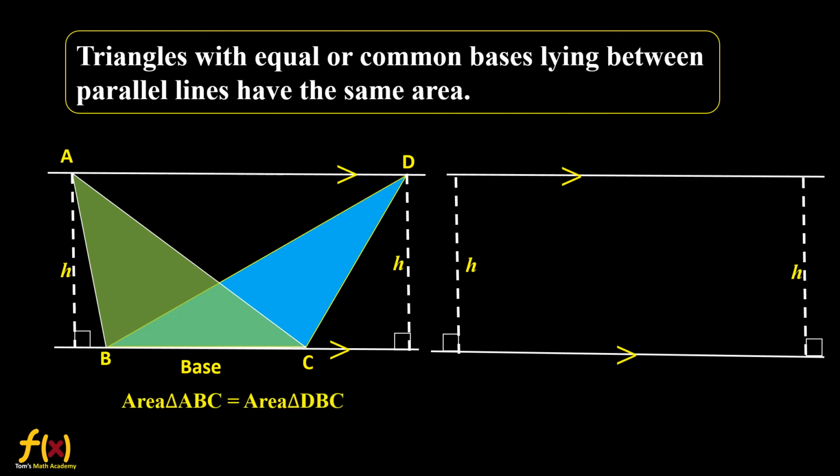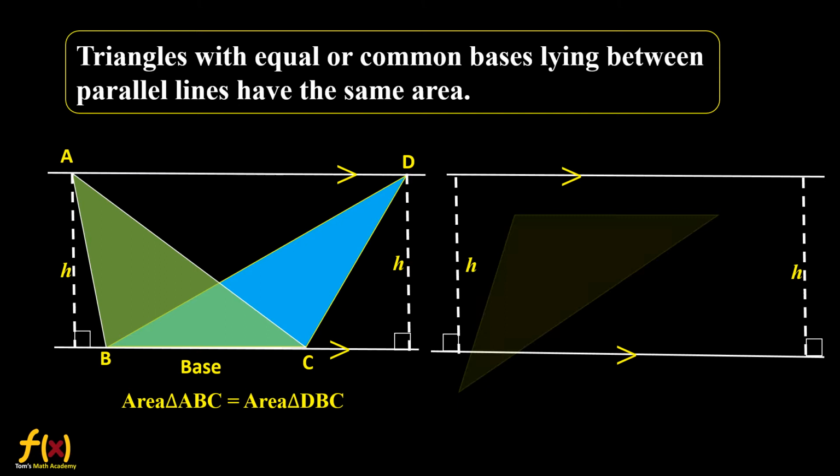And what is the height? H. We know that area of a triangle is half times base times height. In this case, the base is common and also the height is common. So half times base times height for the first triangle and for the second triangle is also the same. Therefore, we conclude area of triangle ABC is equal to area of triangle DBC.